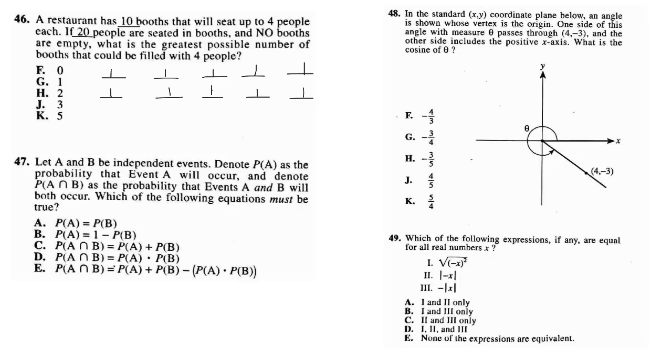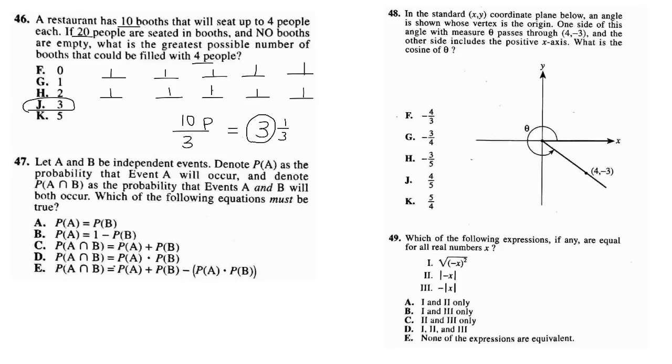So you have really 10 people left, and you need to see what's the greatest possible number. So for 4 people, I need to add 3 more people to each booth, and notice that's going to give me 3 1/3. So really the maximum number of booths is going to be 3.